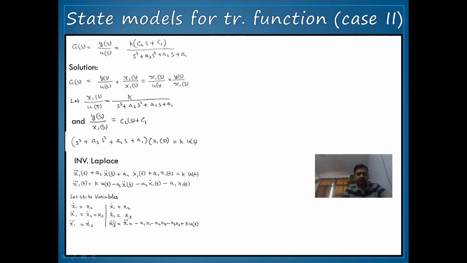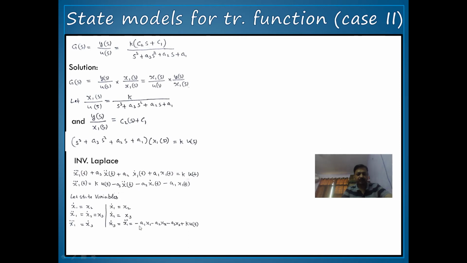So these variables can be written like this: X1 dot, X2 dot, and X3 dot, where X1 dot is equal to X2, X2 dot is equal to X3, and X3 dot, which is the third derivative of X1 with respect to time t, can be written like this.